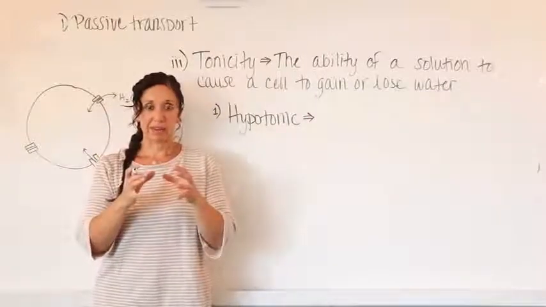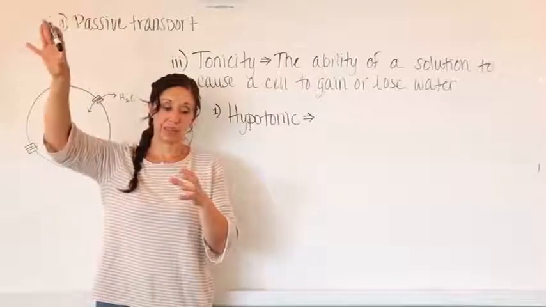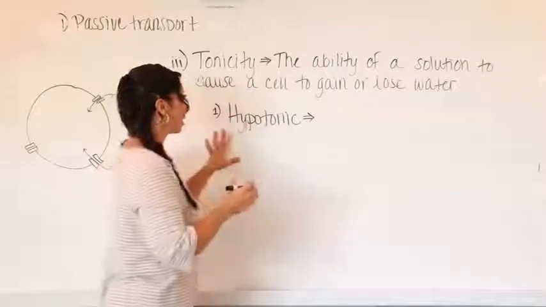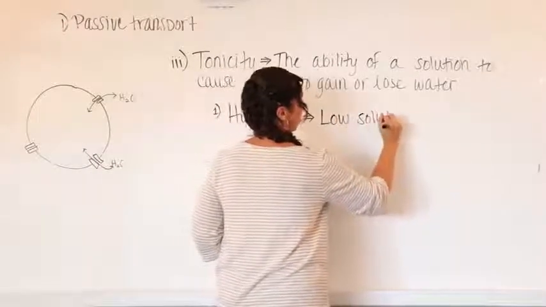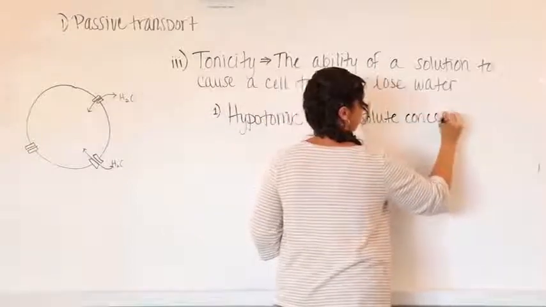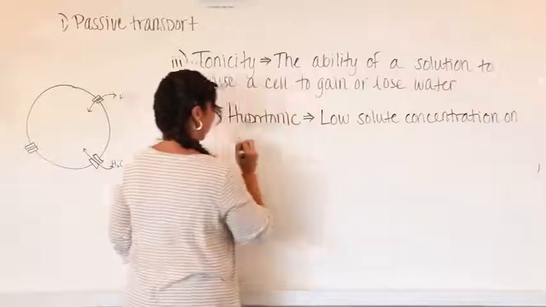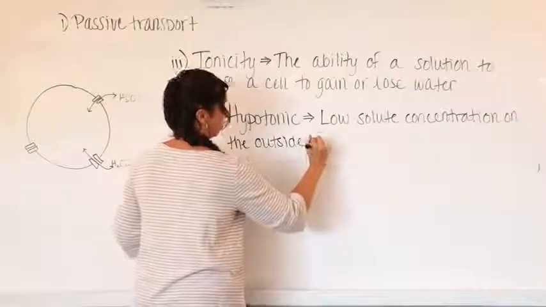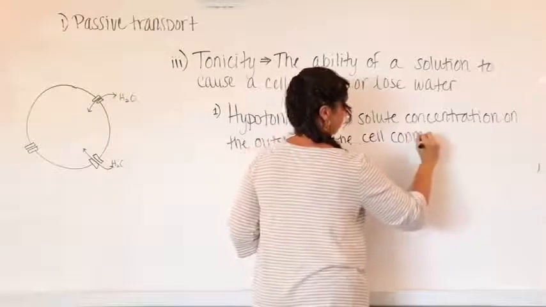It means that there's less solute on the outside than there is on the inside. So hypotonic has a low solute concentration on the outside of the cell compared to the inside.